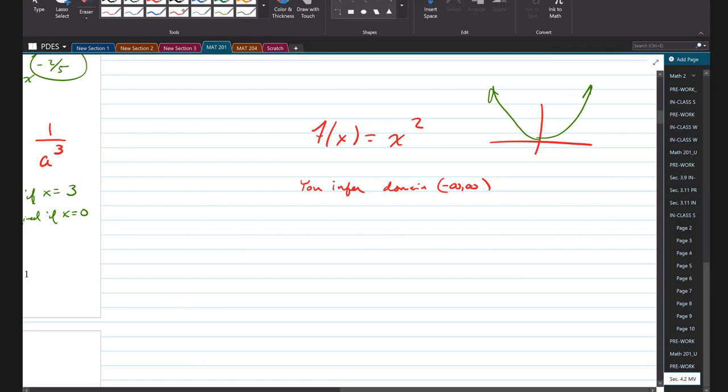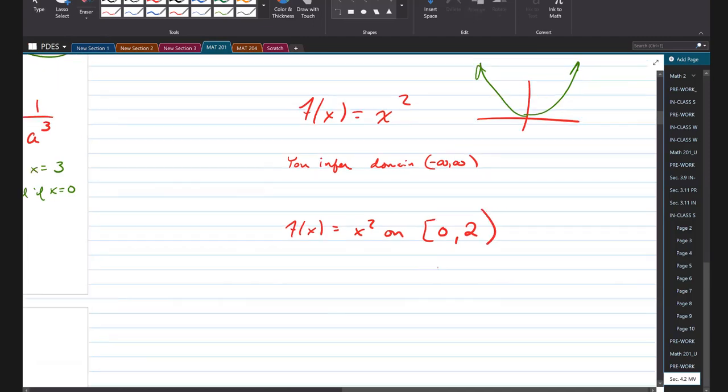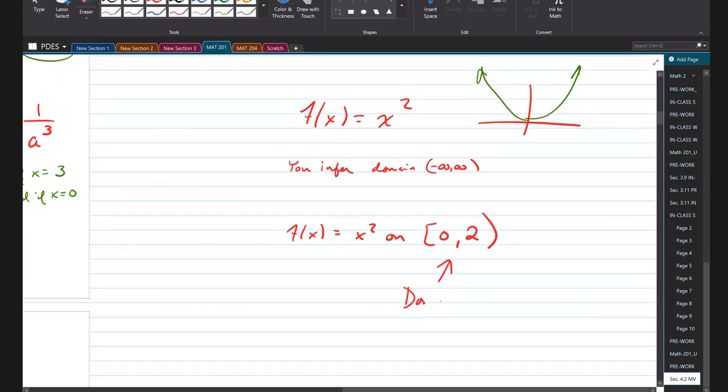But if I tell you that f of x equals x squared on 0 to 2, then I've told you that the domain is this, and when I'm talking about this particular function, I'm only talking about this piece right here. Great question.